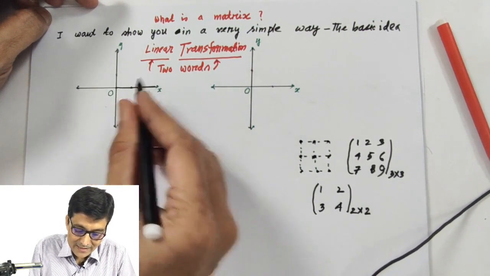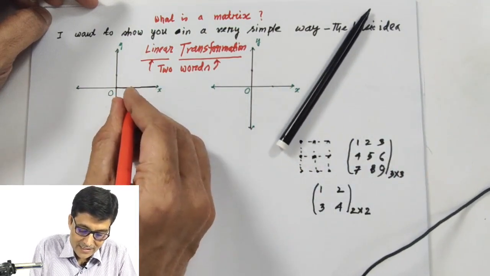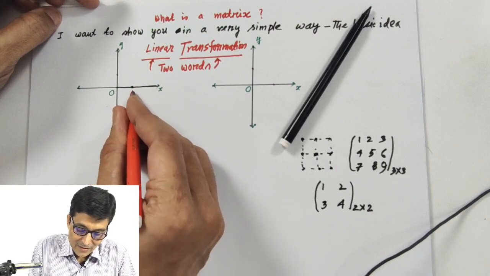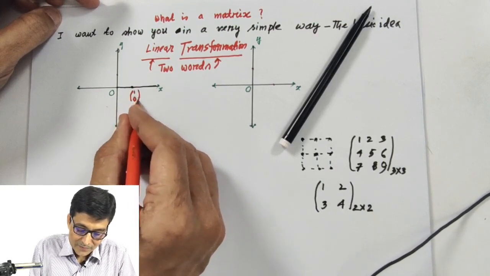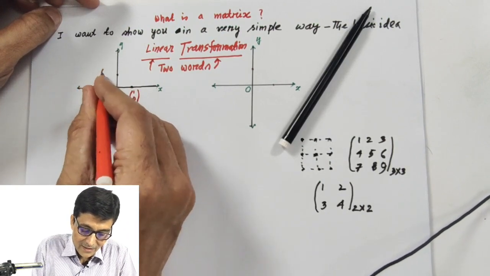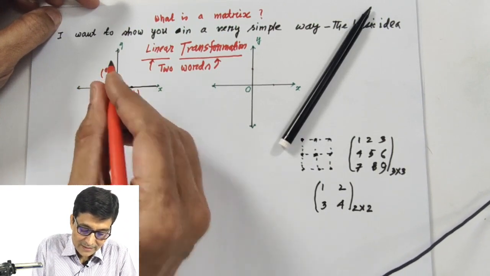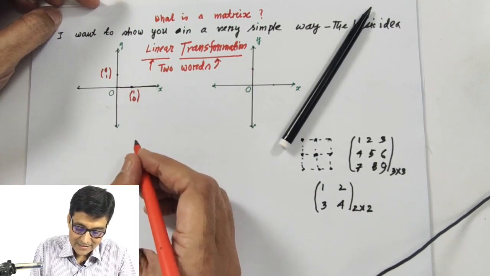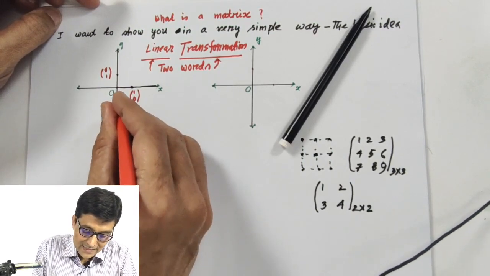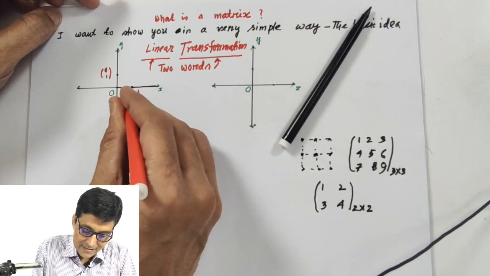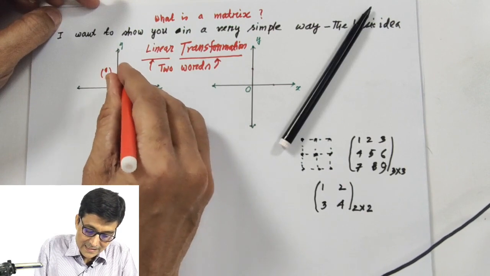You consider this point, this is 1, 0, and you consider another point on the y-axis, call this 0, 1. These points are situated at unit length from the origin. We call these following vectors the i vector, and this is the j vector.